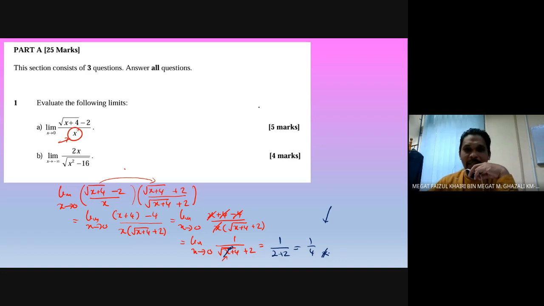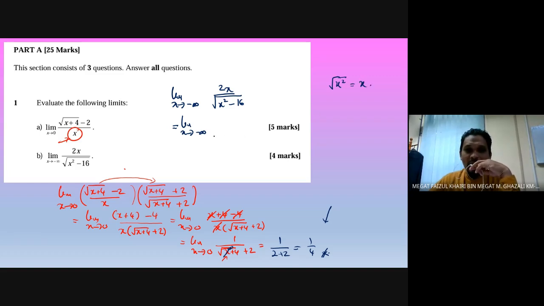Okay, so then next one here is limit of x approaching negative infinity of 2x divided by square root of x squared minus 16. Okay, so for this case, you need limit of x approaching negative infinity. So the highest degree of x from the denominator, which is x squared, square root of x squared, then equal to an x here.